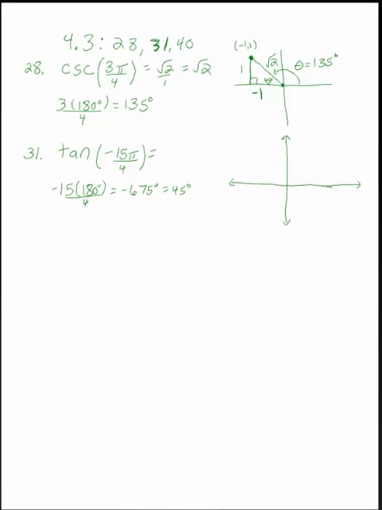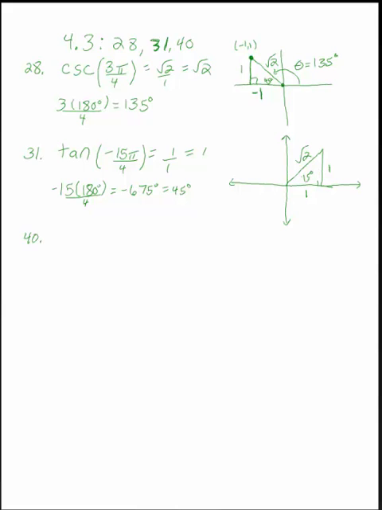So all I did was add 360 to -675 until I wound up with an angle between 0 and 360, and I'll use that angle. 45 degrees puts me right in quadrant 1, which makes a nice triangle with all 3 sides being positive. I'm asked to find the tangent, so that's opposite over adjacent, y over x, 1 over 1, which is just 1.